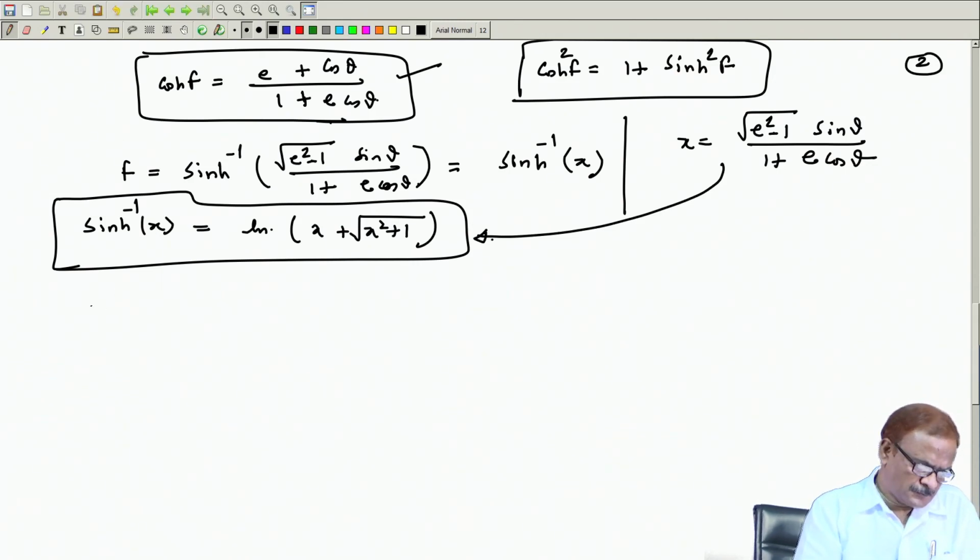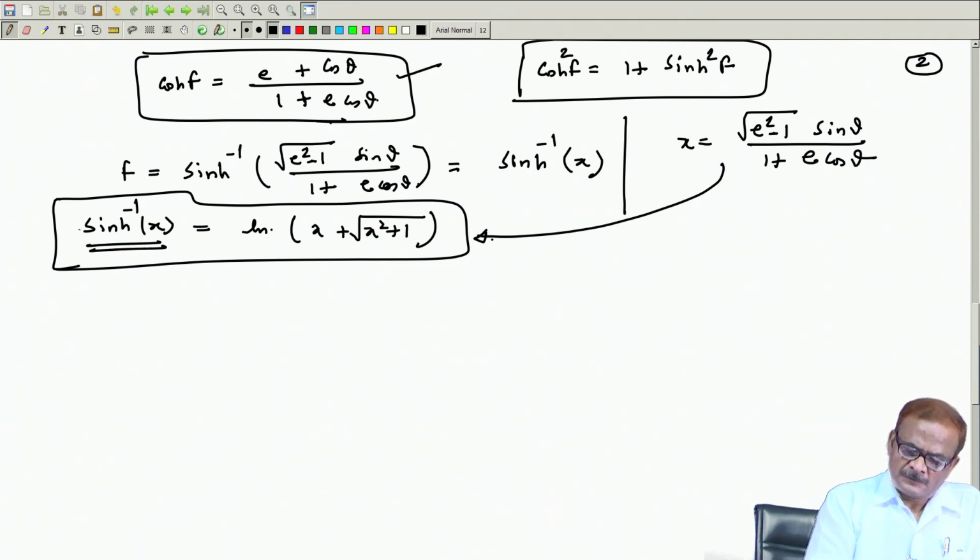Okay. So, by inserting what we are getting here, this is nothing but f equal to sinh inverse x.